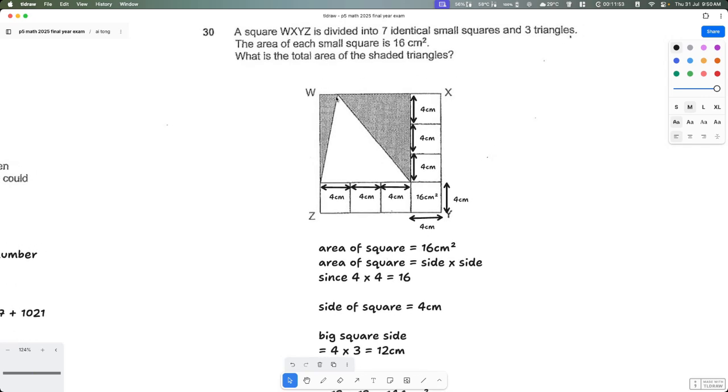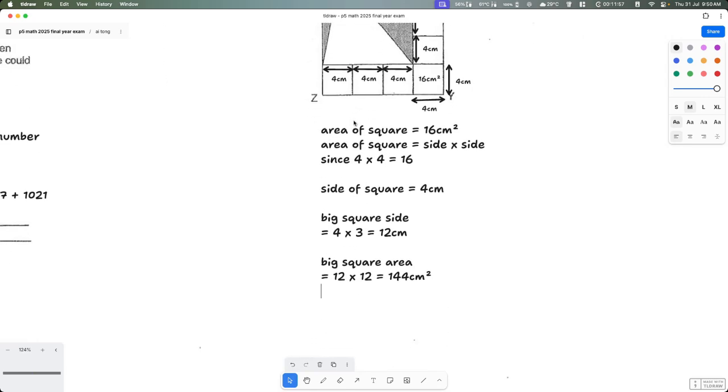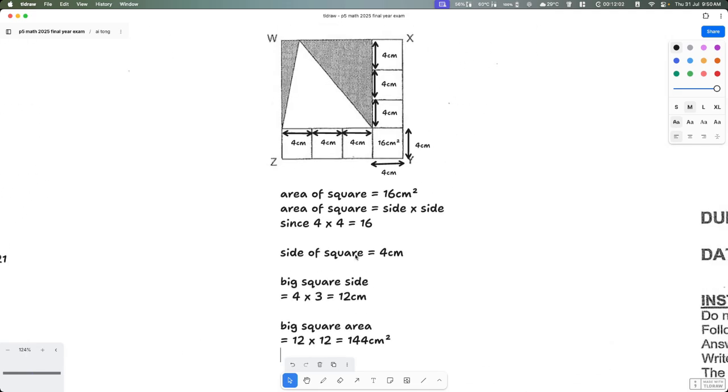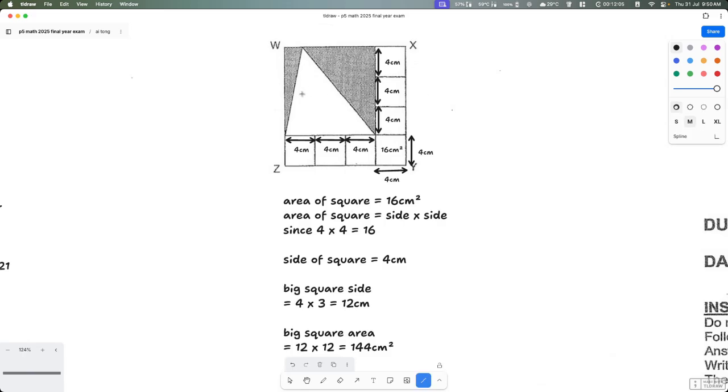Another thing you need to know is the total area of the shaded triangles. In this case, we will get the unshaded triangle, and we know that the height, let me put a small right angle over here, is 12 centimeters.